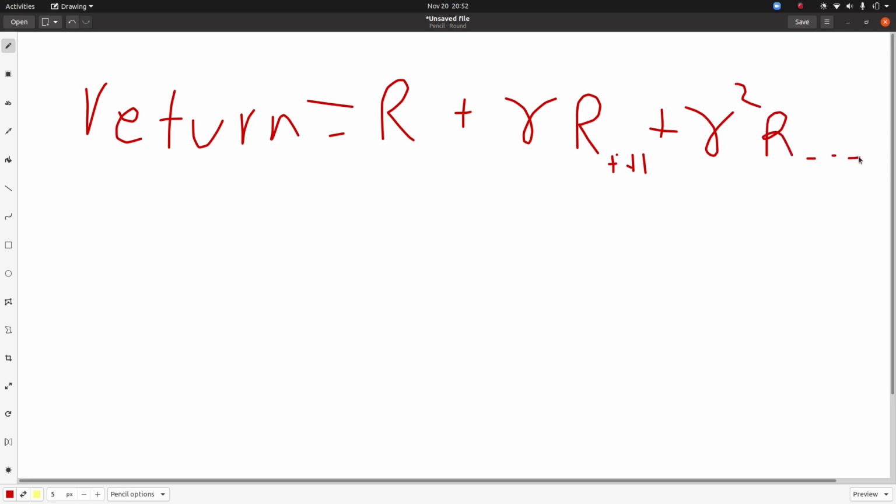So it's this thing. And so we know what the return is, what the reward is, and so the Q network is essentially trying to predict the rest of this. And that's what it's trying to learn how to predict.